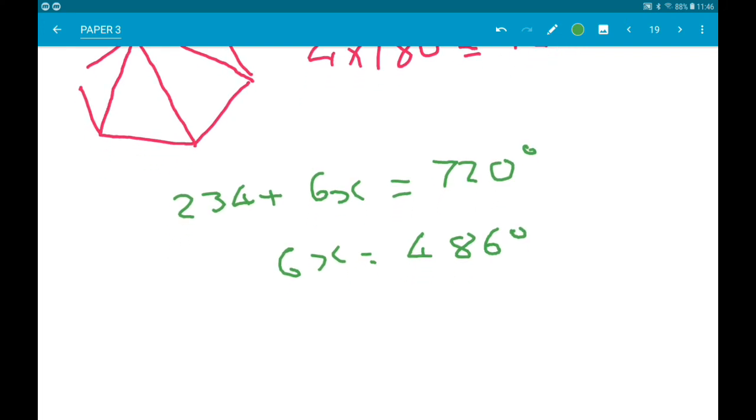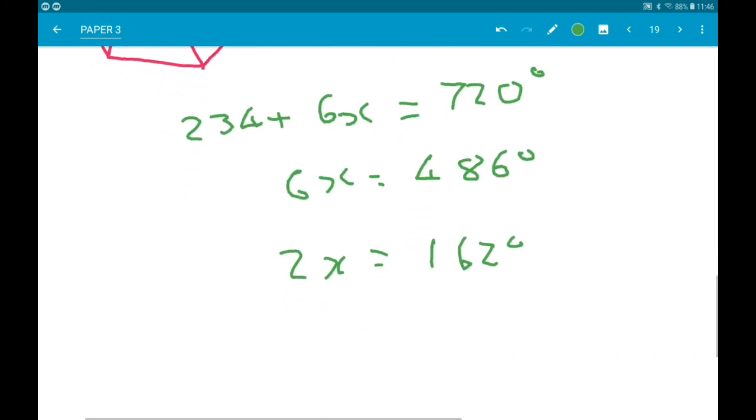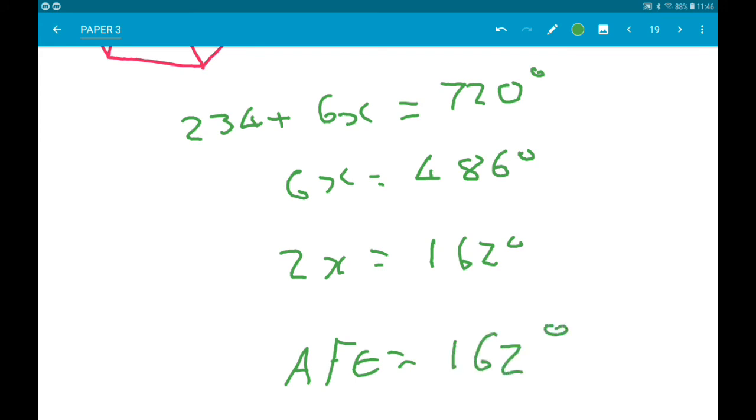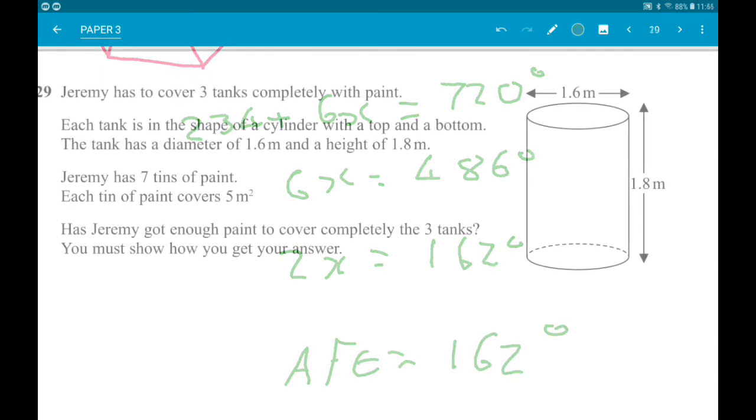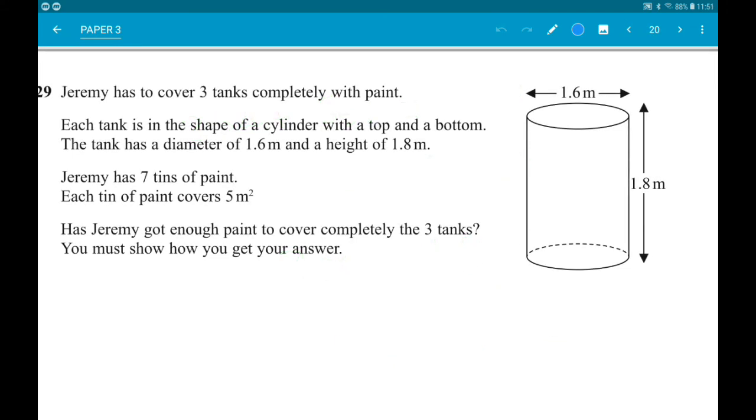So we're going to divide both sides by 3. So 2x is 162. So AFE is 162 degrees.